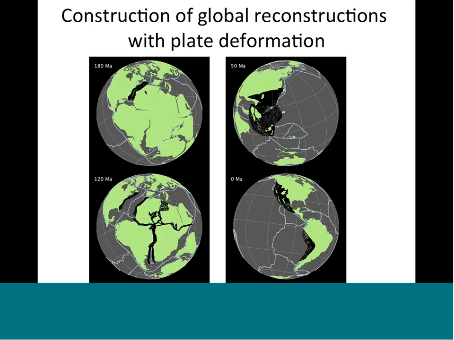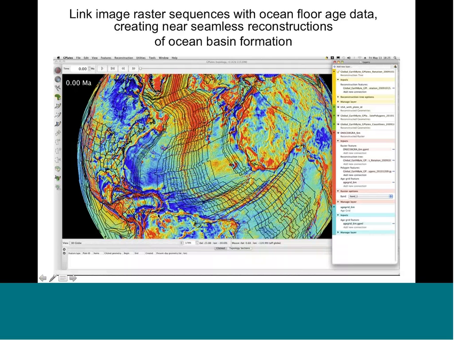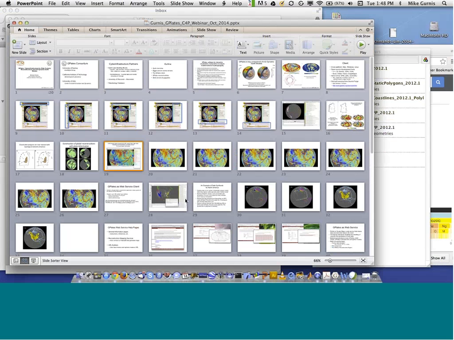The version of GPlates that we now use is actually not publicly available, but it soon will be. It treats the Earth's surface as either covered by rigid plates or deforming plates. And that allows us to reconstruct, for example, areas of extensive deformation, such as the western United States.